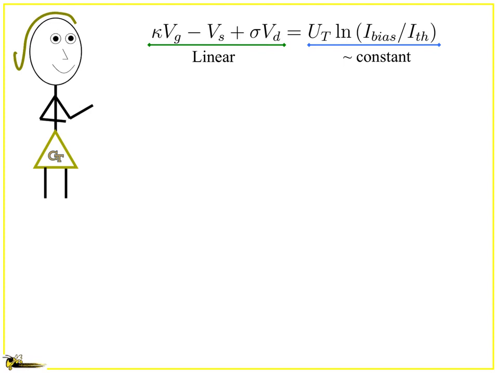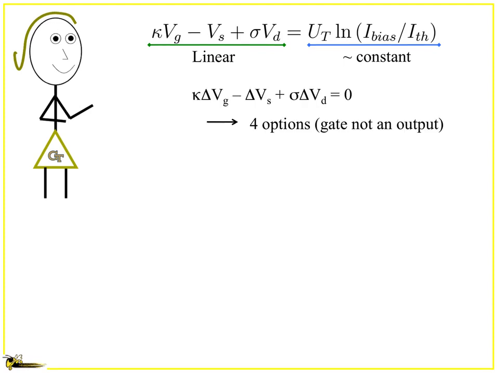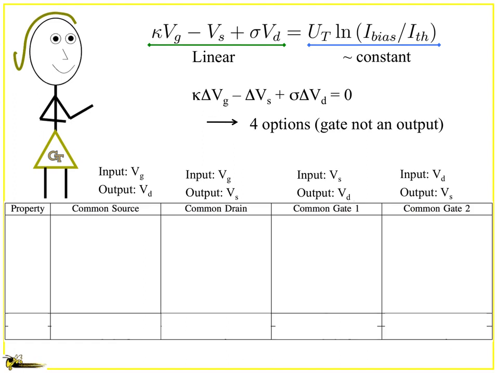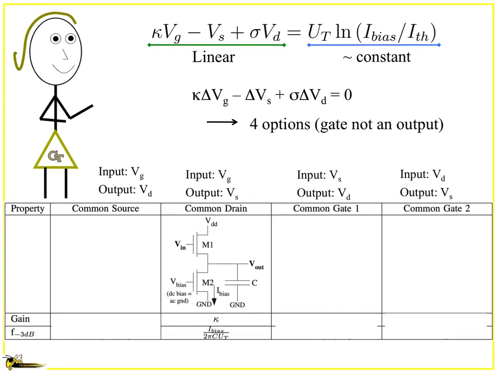So the core of that says, well, wait, I have that core idea and sort of changes between them. And that gives me 4 options because I can't use the gate as an output because it has no current. That gives me then 4 possibilities for inputs and outputs. And I could actually just start looking at the circuits, and it's pretty interesting and pretty straightforward. Where one, I could look at the source follower element, and I could just look at its parameters and its properties.